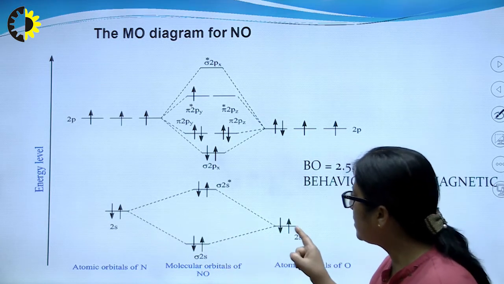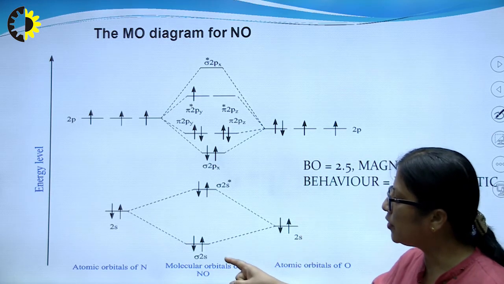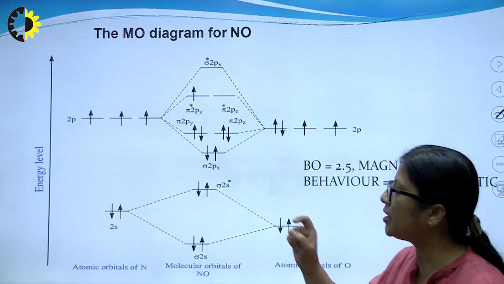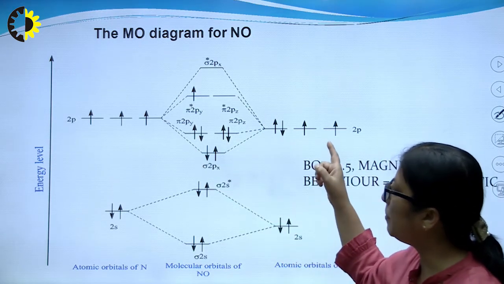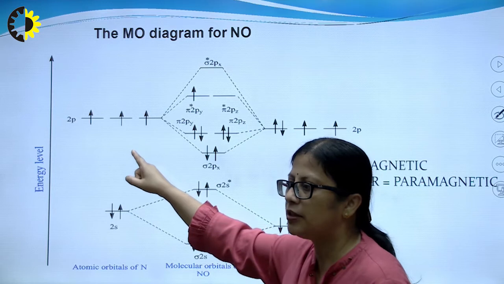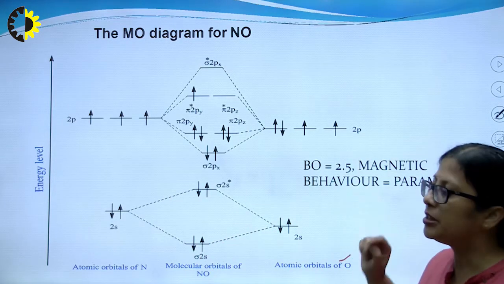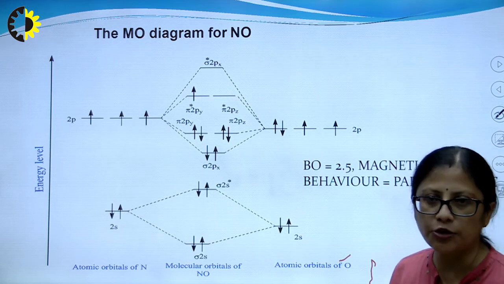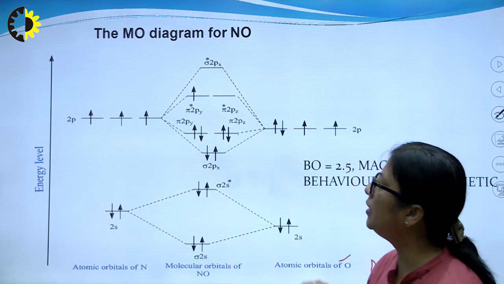When 2s and 2s of nitrogen and oxygen combine, they result in the formation of sigma 2s and sigma star 2s. Similarly, when the 2p combine, the 2p orbital of nitrogen contains 3 electrons, whereas the 2p orbital of oxygen contains 4 electrons. And these are going to be the resulting molecular orbitals.